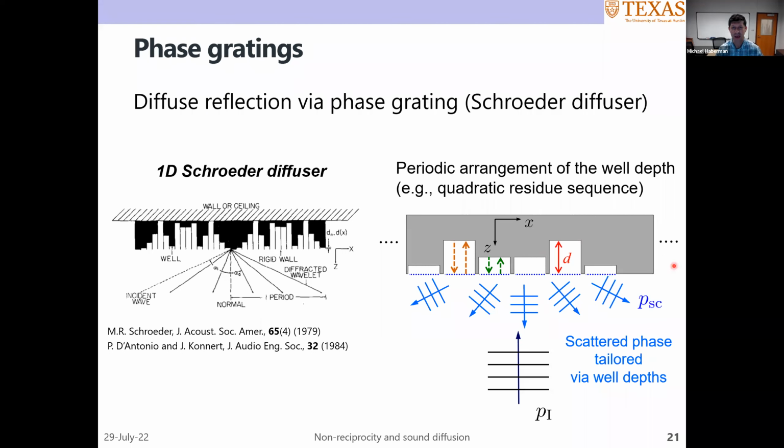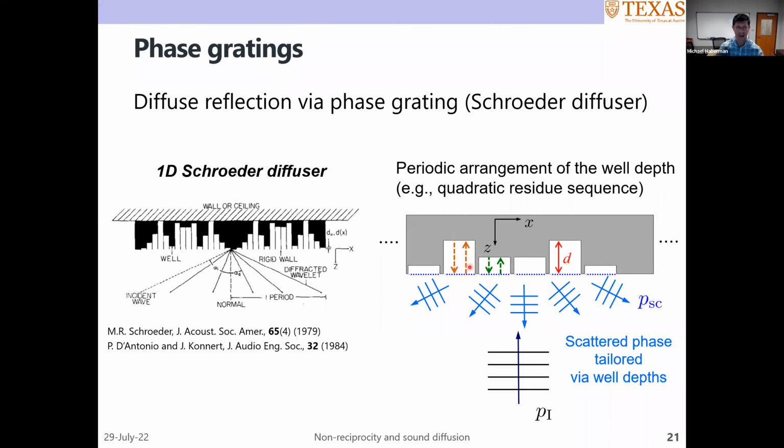This diffuse reflection via Schroeder diffusers is quite simple and has been known for a long time. The way it's done is you use some base unit cell of a phase grating, something like a QRD, a quadratic residue diffuser, where you prescribe a quasi-random sequence of phase, in the original design as differences in depth of different wells.